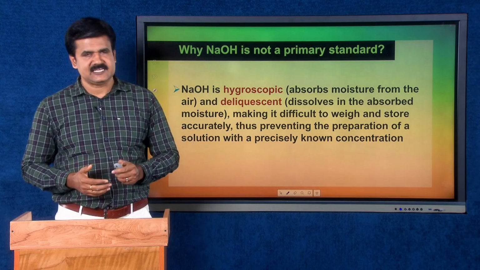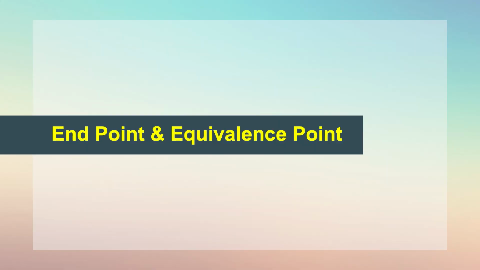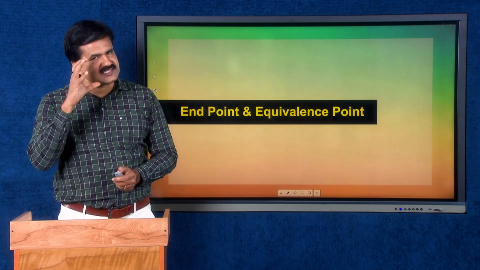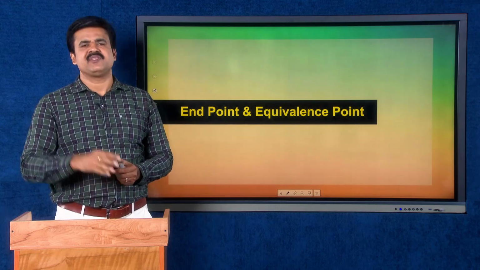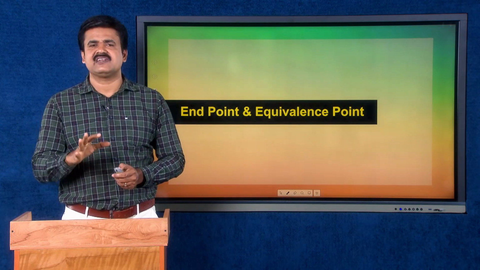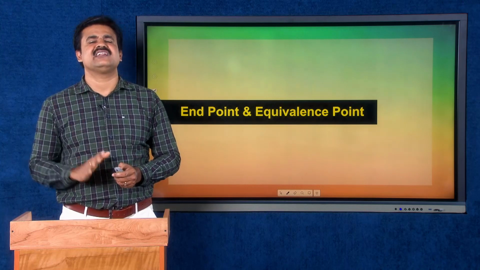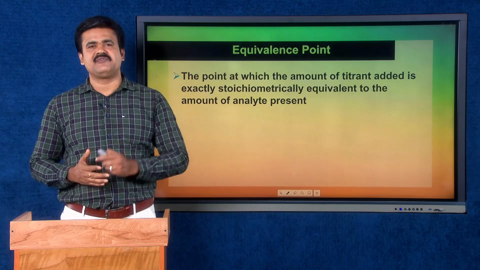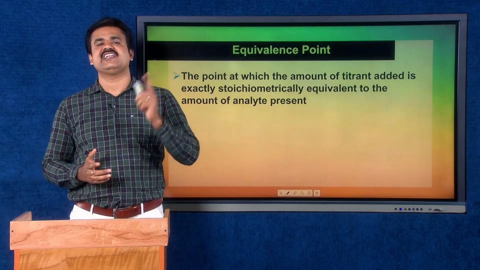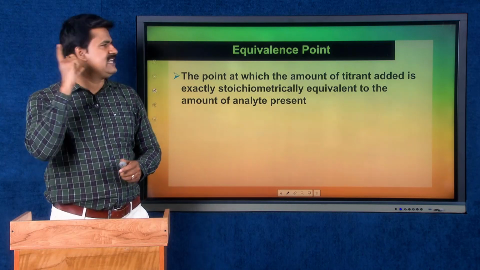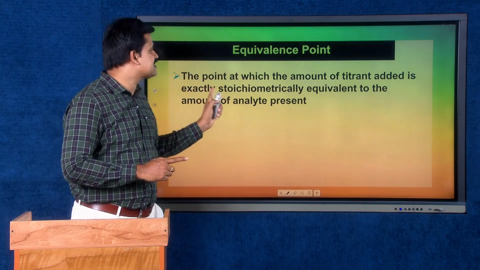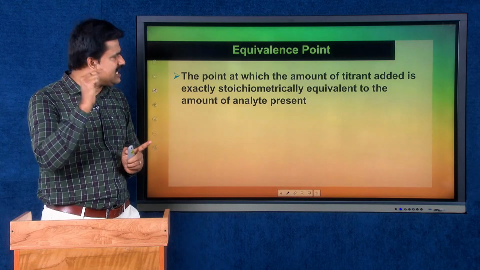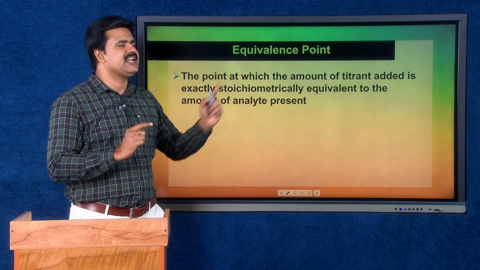Now, end point and equivalence point. These two terms are closely related but have a firm difference between them, and these two terms are highly significant as far as volumetric analysis is concerned. First of all, we are discussing equivalence point. The point at which the amount of titrant added is exactly stoichiometrically equivalent to the amount of analyte present.